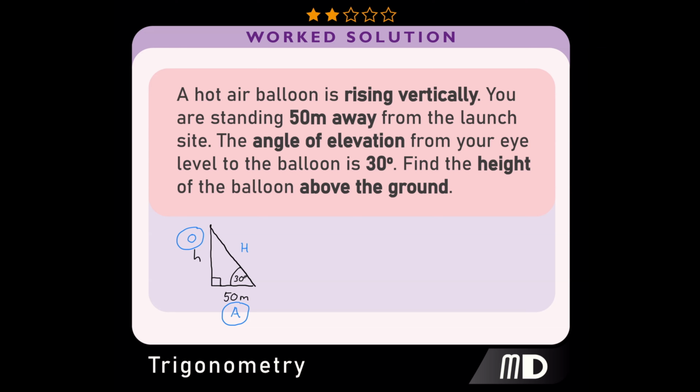So that means the tan of 30 is equal to the opposite divided by the adjacent, which in this case is h over 50.